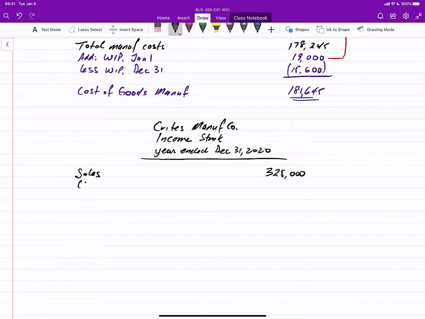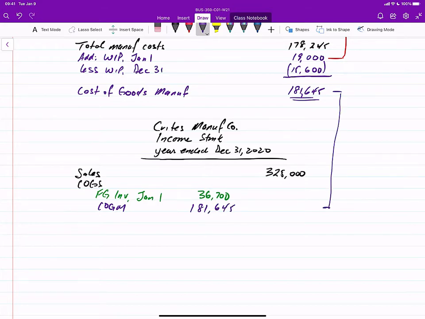We have cost of goods sold, and we have a section for that. Here's where we include our inventory information. So finished goods inventory at January 1st was $36,700. Then we add the cost of goods manufactured for $181,645.